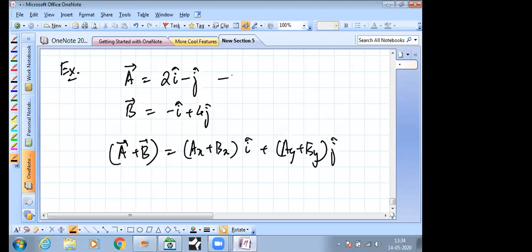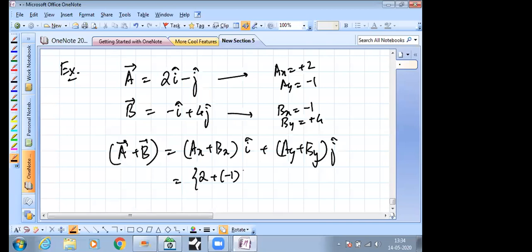Now see over here that the y component of A is actually a negative quantity. So when I substitute here for Ay, it must come with a minus sign. You can see the x component of B is a negative quantity. So when I substitute here Bx, it must come with a negative sign. So you must remember that when you substitute here, it is with algebraic sign. So Ax will be 2 and Bx will be minus 1.